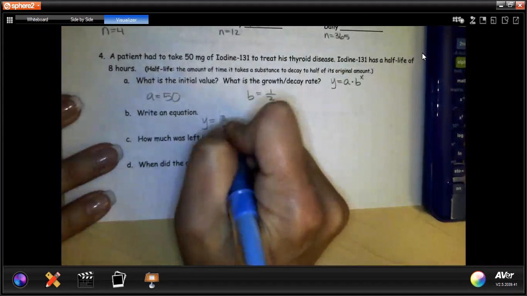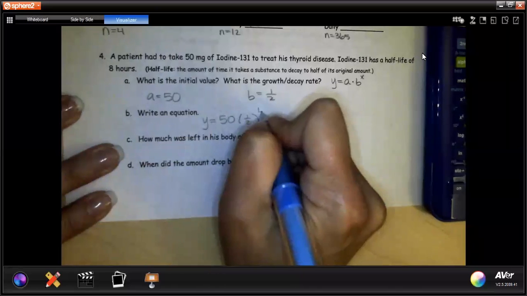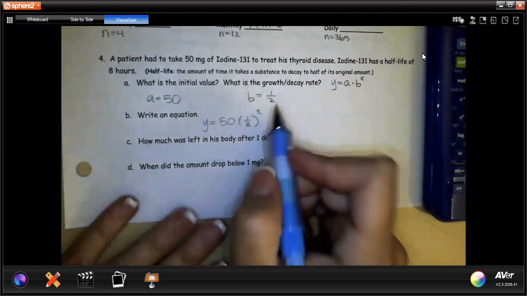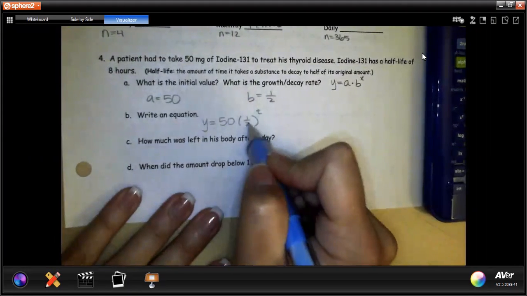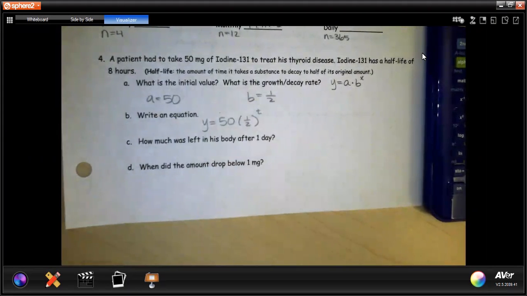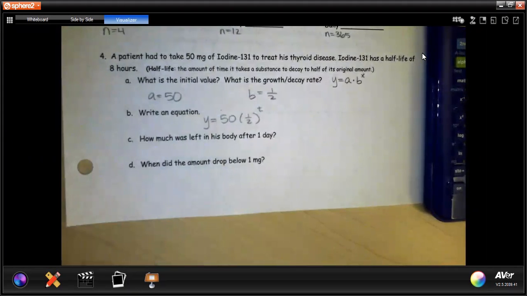Now when I write this, I get 50 times 1/2, and I want to put the time here. If I just leave time the way it is there, then every single hour it is going to half it, because this t is our exponent for the 1/2, so it's going to multiply times 1/2 on every single one of those units of measure, which in this case we're writing in hours since that's the information given.